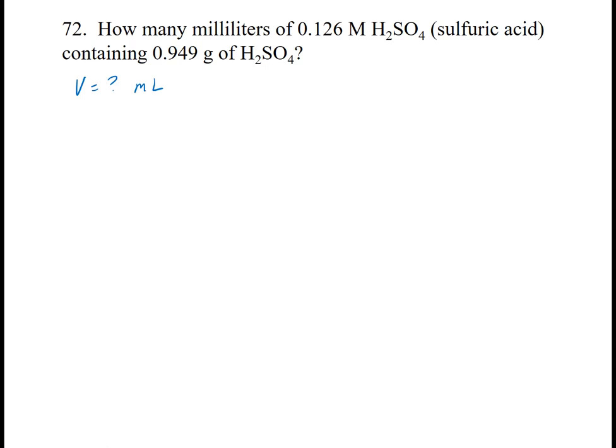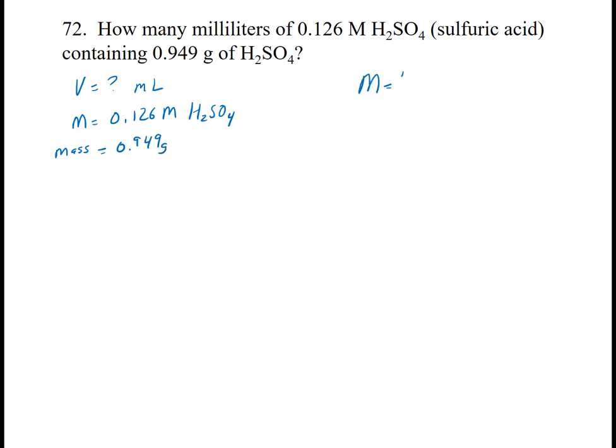I have 0.126 molar, so M is 0.126 M, and this is H2SO4. And I have 0.949 grams, and grams is a unit of mass. So mass is 0.949 grams.